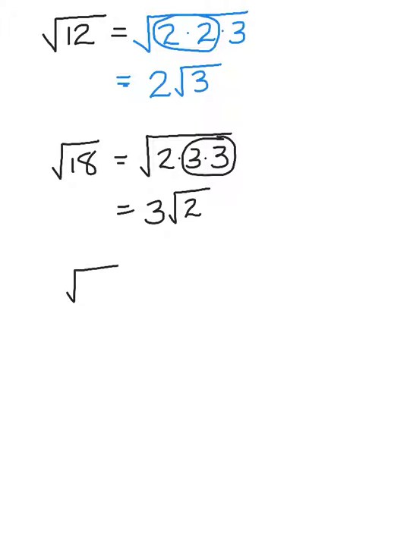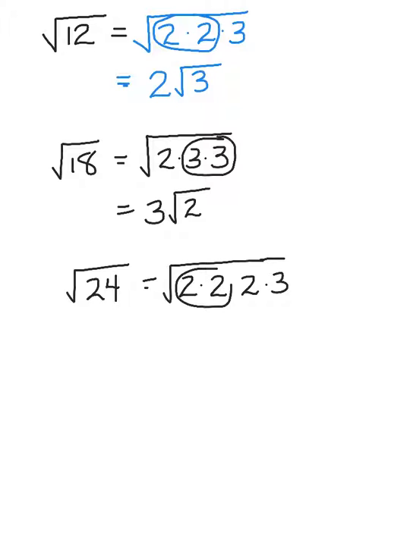Square root of 24. I can break that down into the prime factorization of 2 times 2 times 2 times 3. I have one pair of 2's that's going to come out in front of the radical sign. And underneath the radical, we will have 2 times 3, and we can multiply that together and get 6.